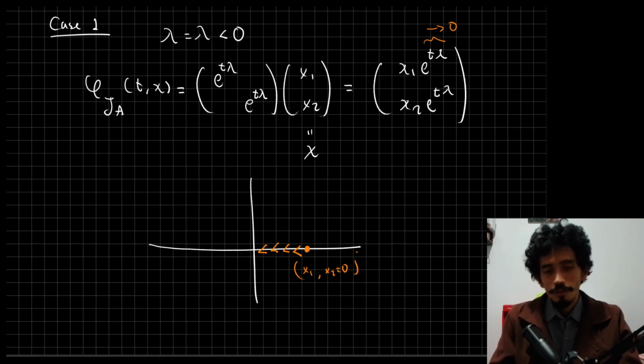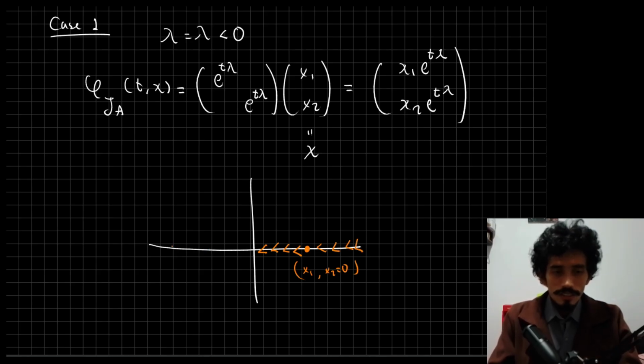So when t goes to minus infinity, this term increases, and the exponential of an increasing term goes to infinity. Then we draw it like this.